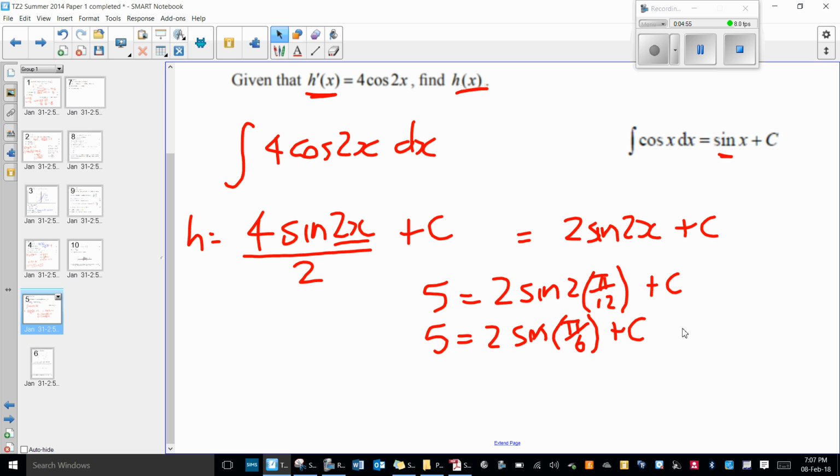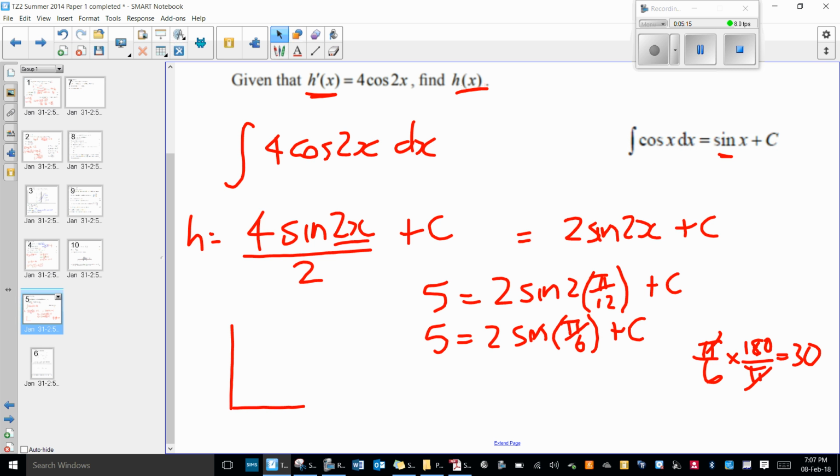I think the easiest way, well, let's convert this to degrees. So we would multiply it by 180 over pi. These cancel. 180 over 6 is 30. So that's the 30-degree angle.